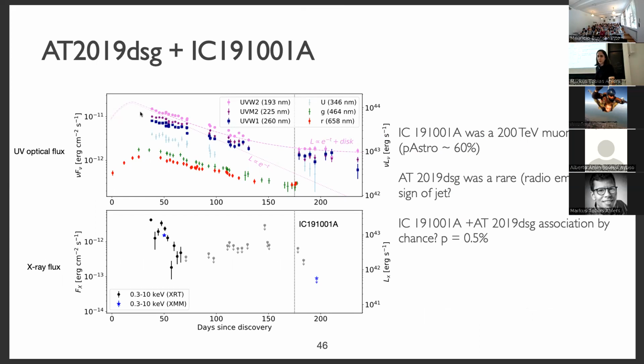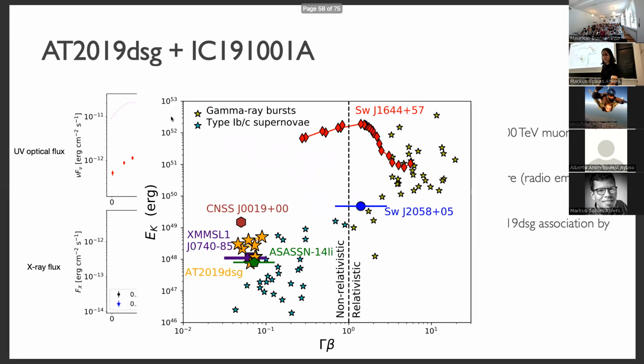It was associated with one non-jetted tidal disruption event. What's shown here is the decay of this tidal disruption event over 200 days. You see there is a peak, and then within about 200 days, a neutrino was detected. And the chance probability of such an event is 0.5%.